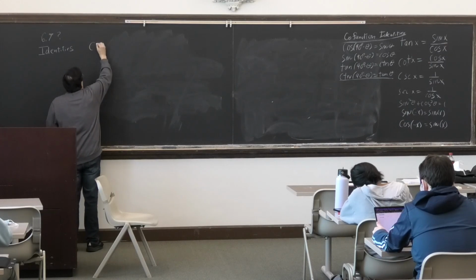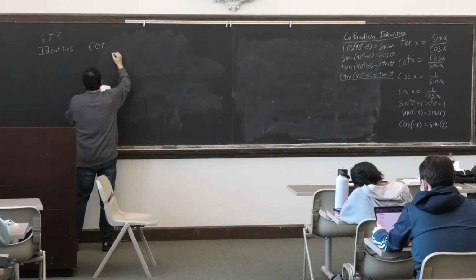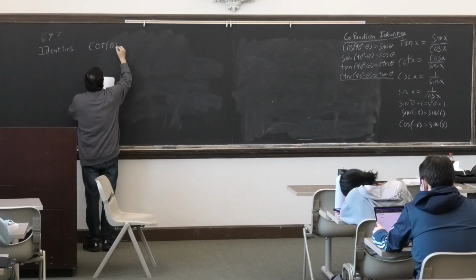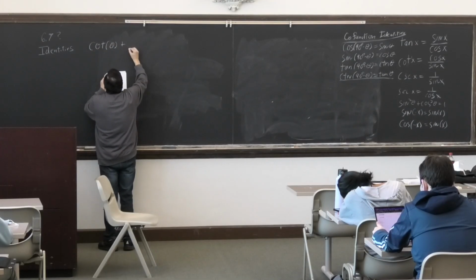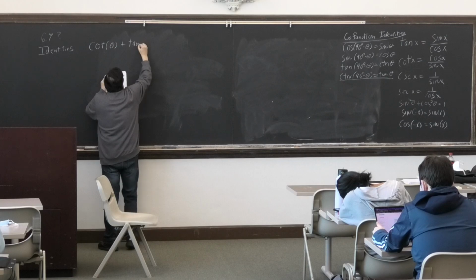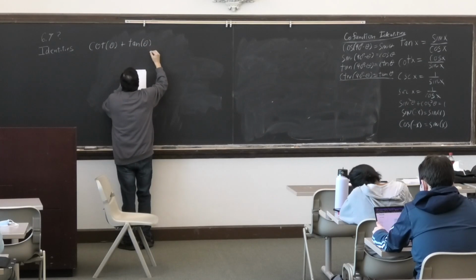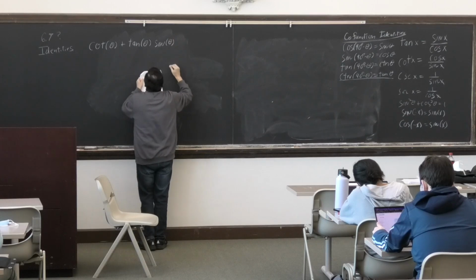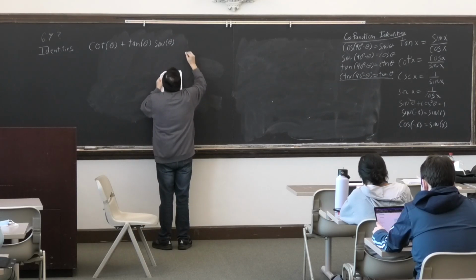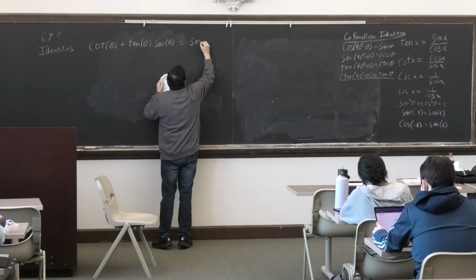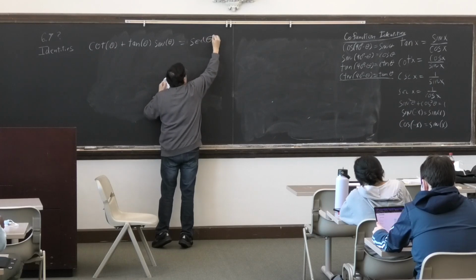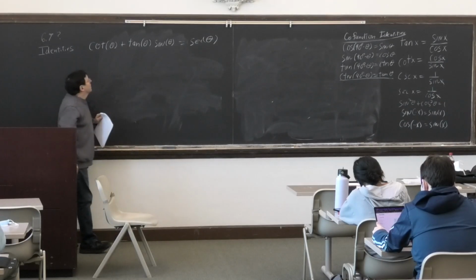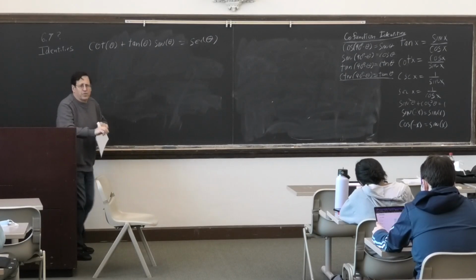Let's look at this one: cotangent of theta plus tangent theta times sine theta is equal to secant of theta. Well, that's not so obvious.